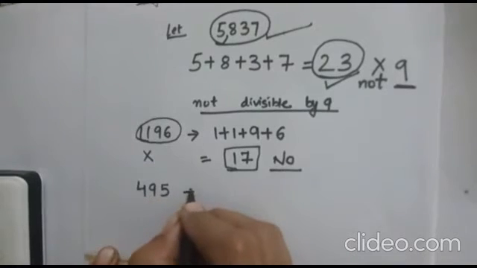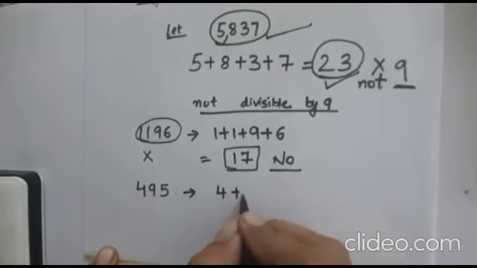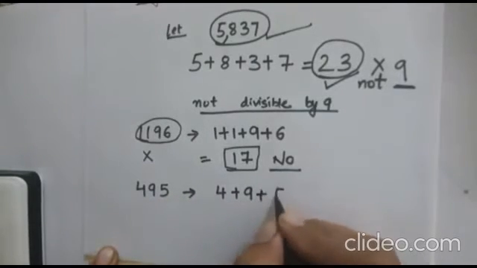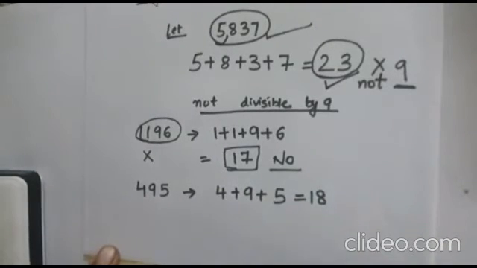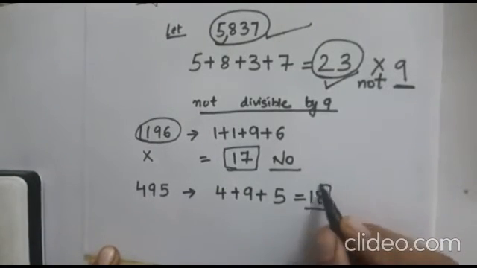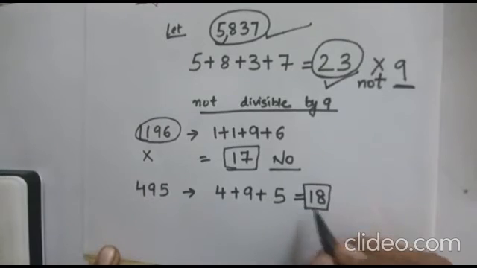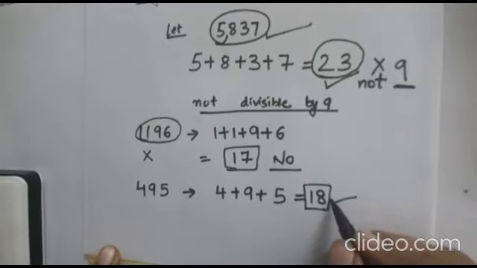495. Now 4 plus 9 plus 5 gives you 18. Now children, this is divisible by 9. 18 comes in the table of 9 because 9 into 2 is 18. So it means this is divisible by 9.